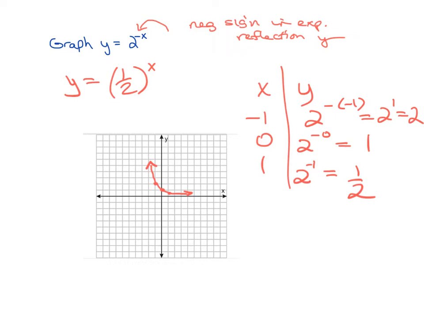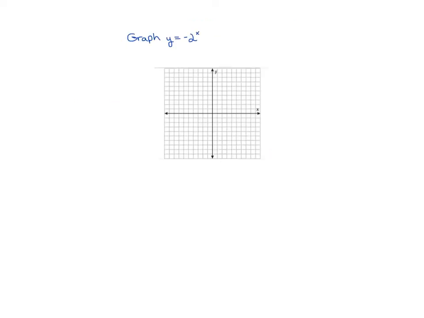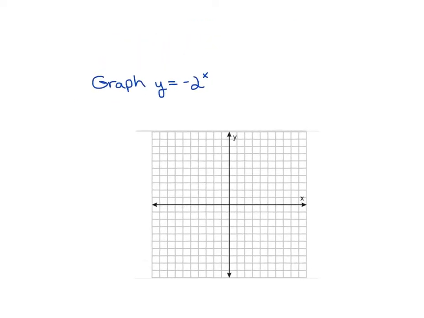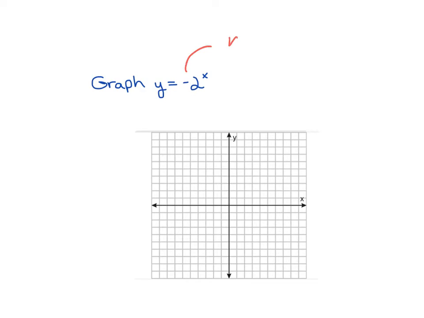The next example, the negative sign is in front of the base. This is going to indicate that it's a reflection across the x-axis. When you have a negative sign in front of your base, this is going to be a reflection across x.